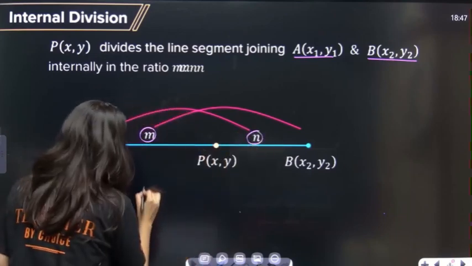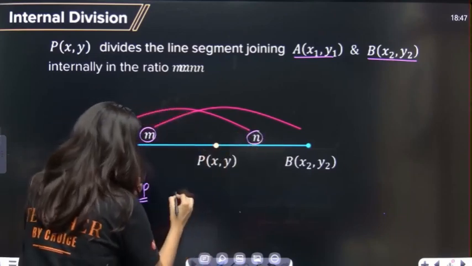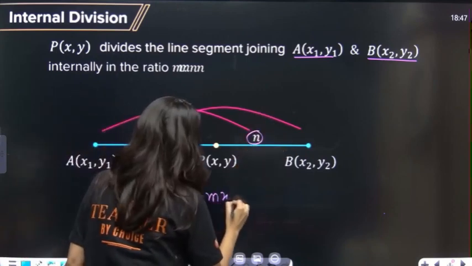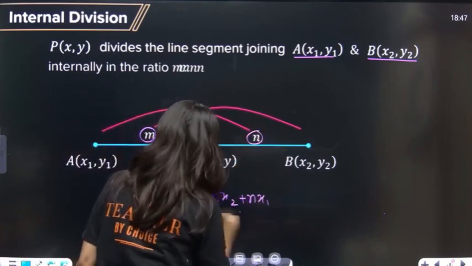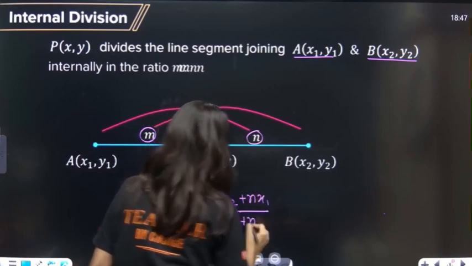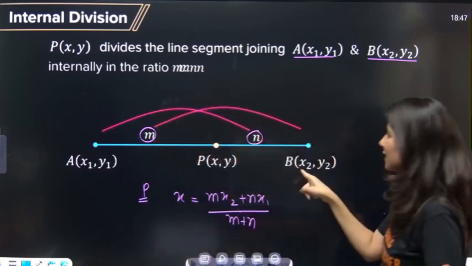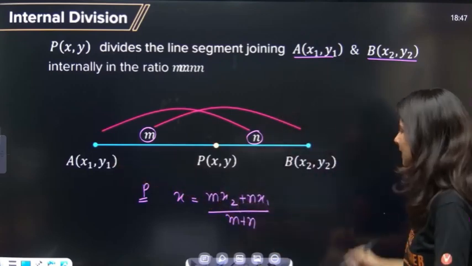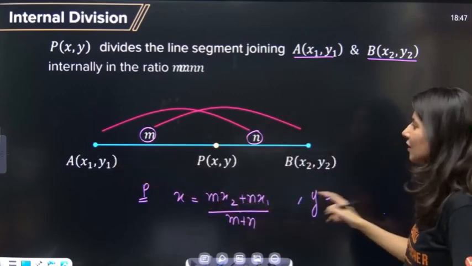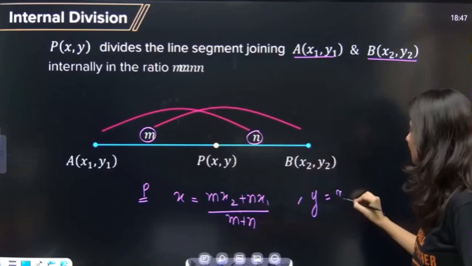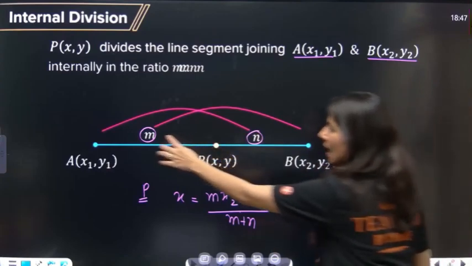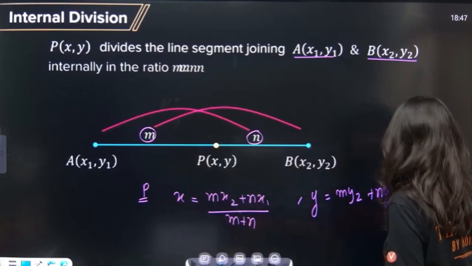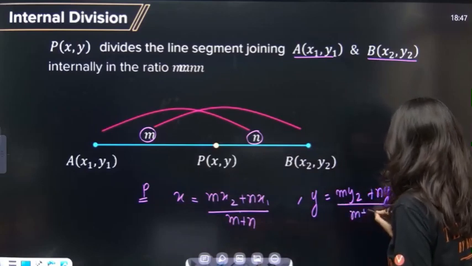So the coordinates of P you can calculate by this formula, where x will be (mx2 plus nx1) whole upon (m plus n). Remember, (mx2 plus nx1) whole upon (m plus n), comma. Y coordinate will be what? (my2 plus ny1) upon (m plus n), crisscross. Remember.